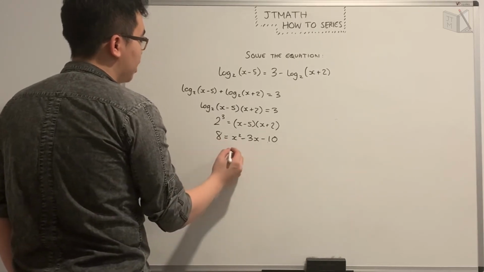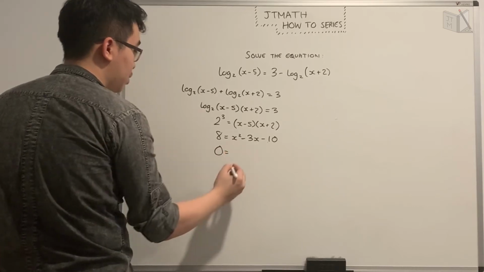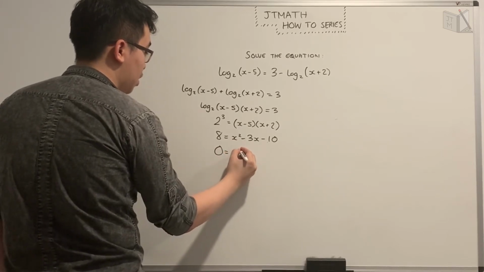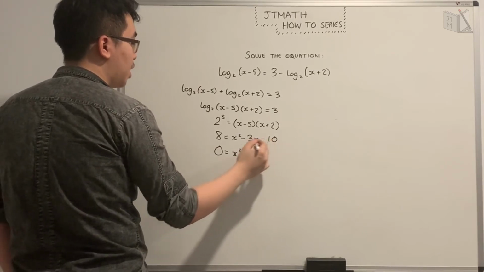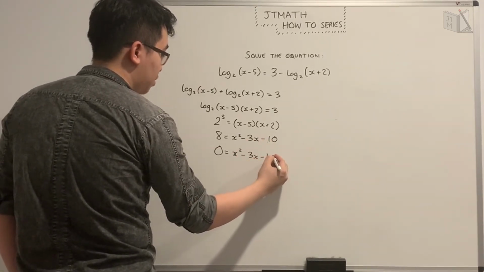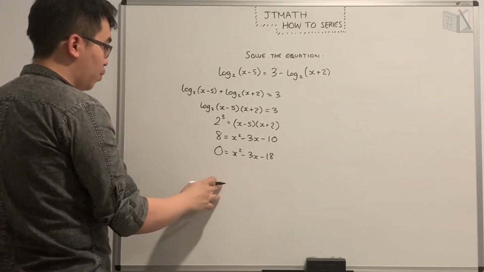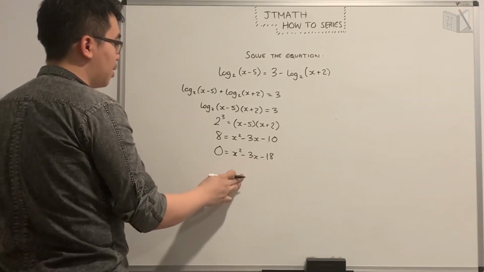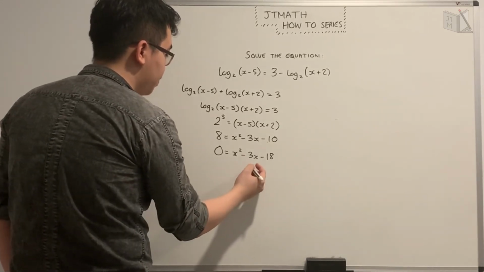Now we can move the 8 to the right side. So we're going to have 0 equals x squared minus 3x minus 10 minus 8, which is minus 18. And now that we have a quadratic equal to 0, we can go ahead and see if we can factor this once again and have two different factors this time.